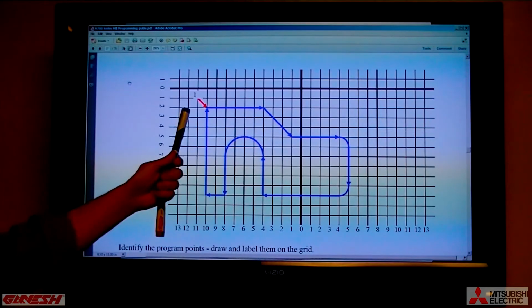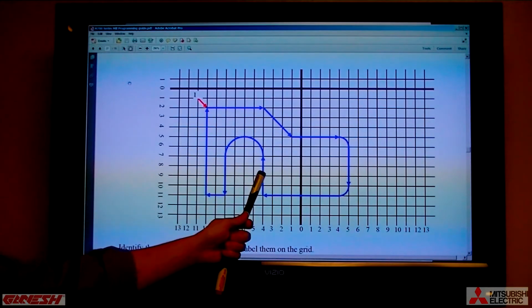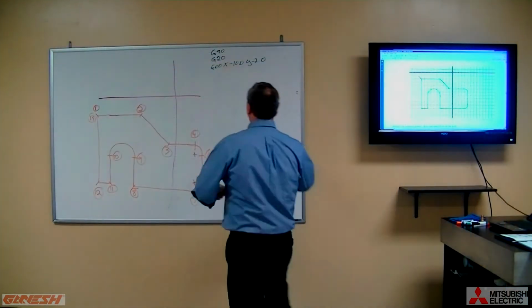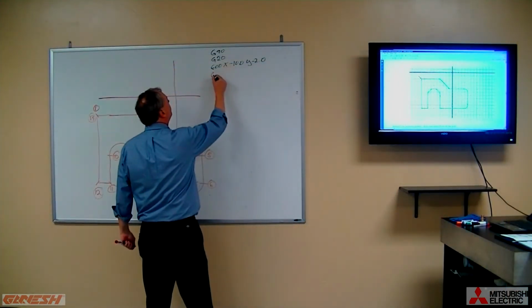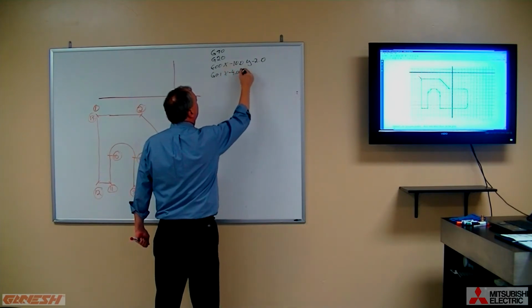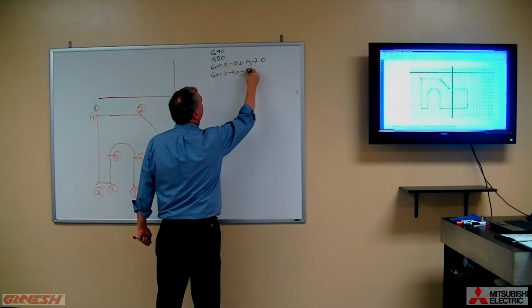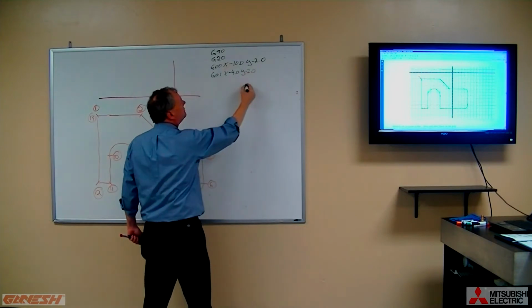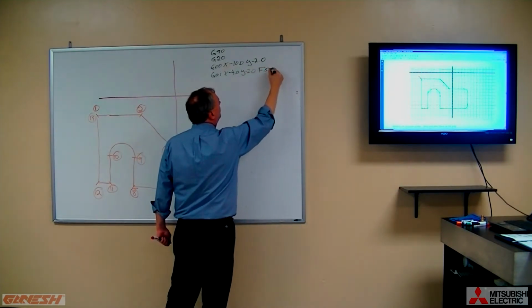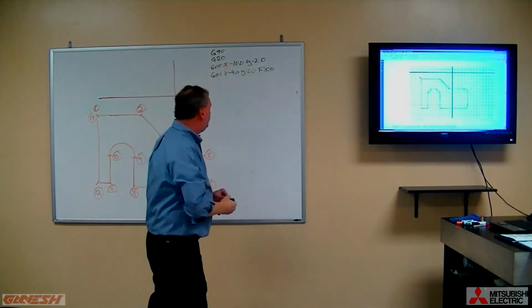And now we'll go G01 to X minus 4, Y minus 2. And what do we need with a G01 at least one time? A feed rate, 5.0. So now we're sitting right here.